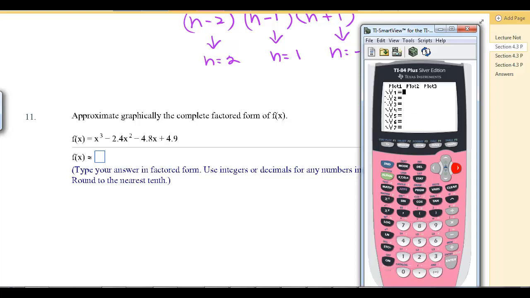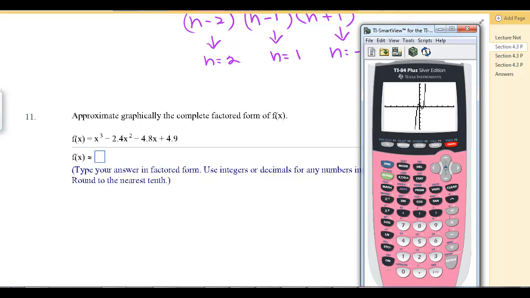All right. So I am going to put in x to the third minus 2.4x squared minus 4.8x plus 4.9. All right, I'm going to graph that.